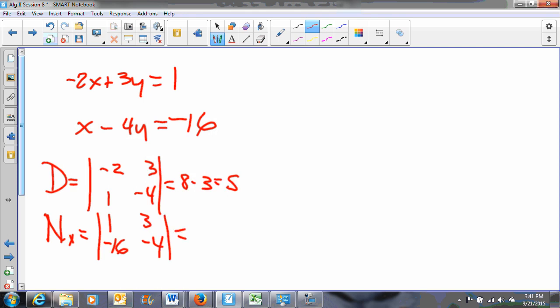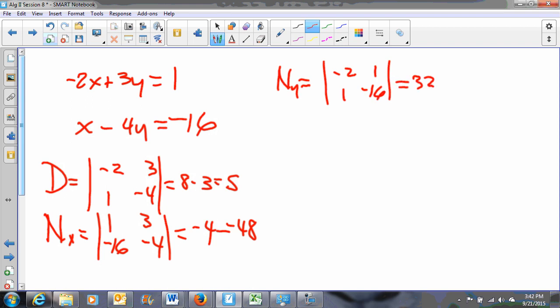That gives us -4 minus -48. Something's wrong here because this was supposed to work out evenly and it doesn't look like it's going to. I must have made a mistake someplace, but let's keep going. N sub y is going to be -2, 1, 1, -16. That gives us 32 minus 1, which is 31.